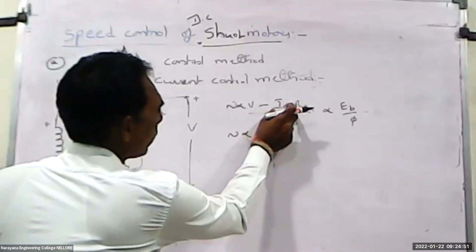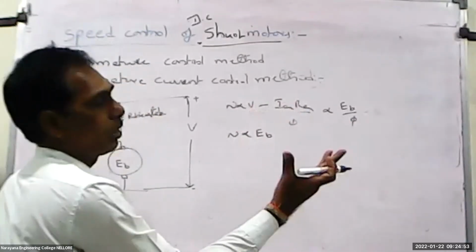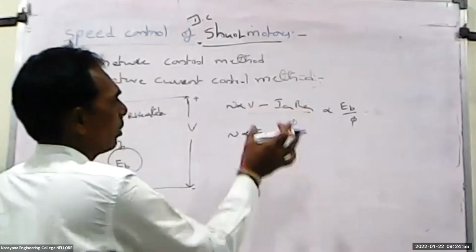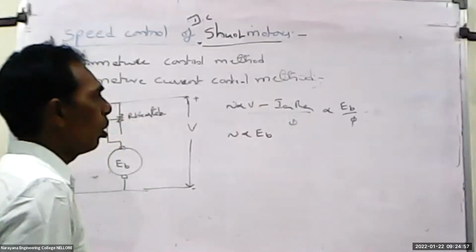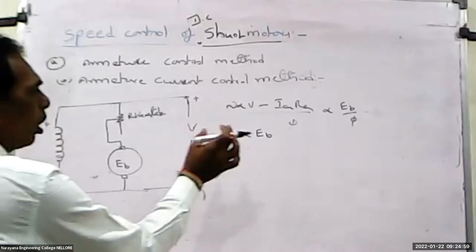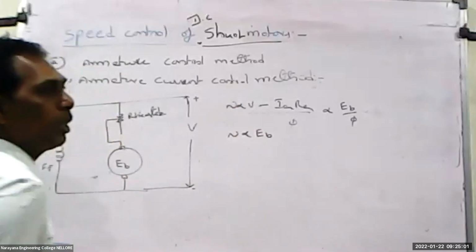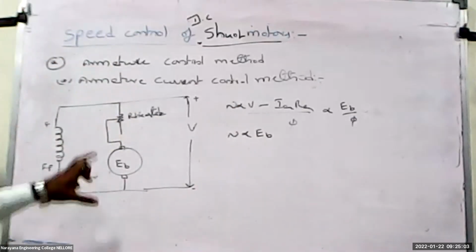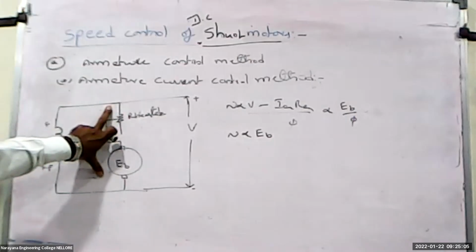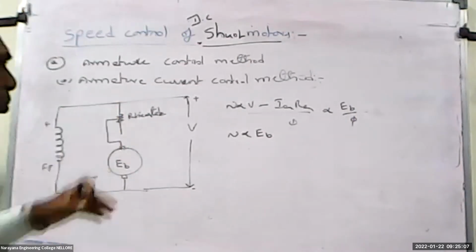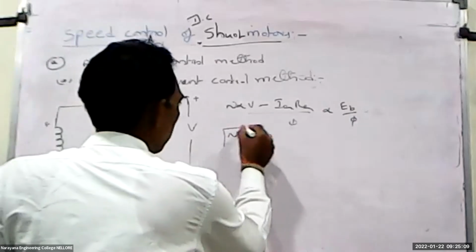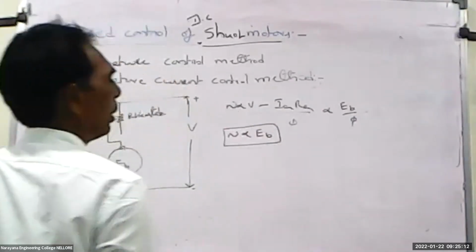If Ia increases, the drop increases. If Ia decreases, the drop decreases. The drop is also called armature drop. So N is directly proportional to Eb.